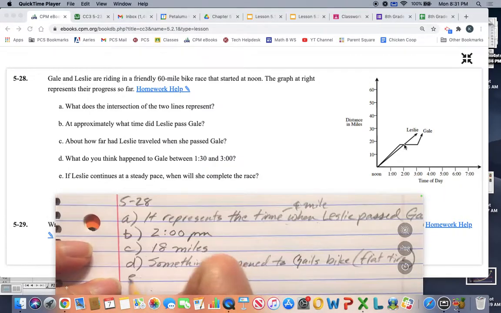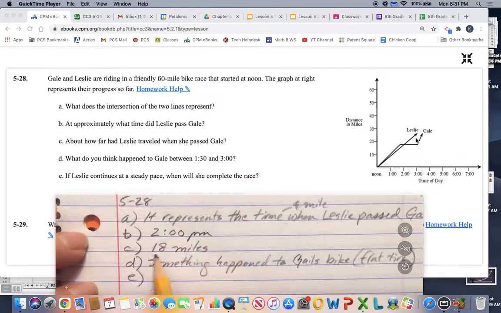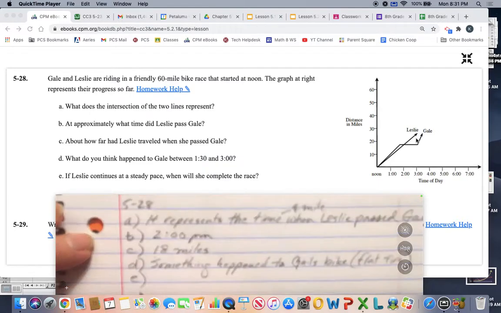Okay, let's see. E. If Leslie continues at a steady pace, when will she complete the race? And so if Leslie just keeps going, when is she going to finish this race? Okay, so we already have some information. We know that Leslie actually was at 18 miles at 2 o'clock. So 2 hours after the race started, she was at 18 miles.